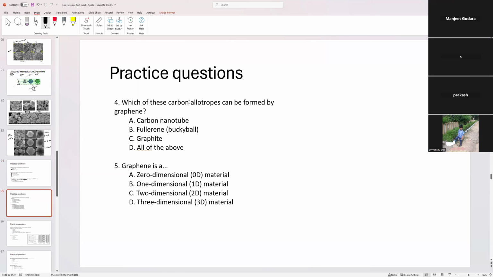Which of these carbon isotopes can be found in graphene? So you have the graphene.